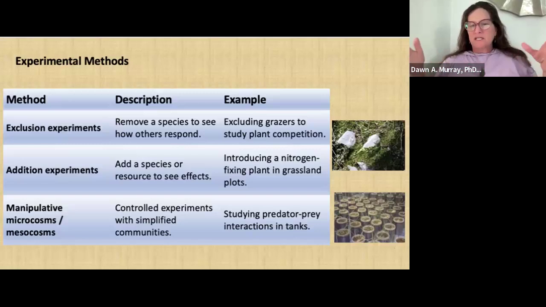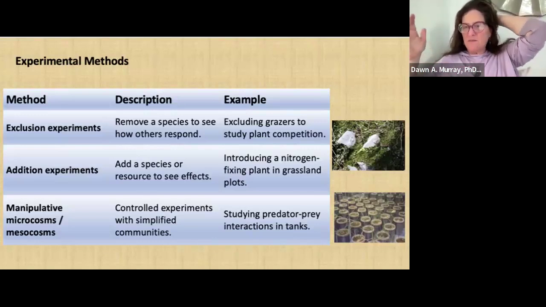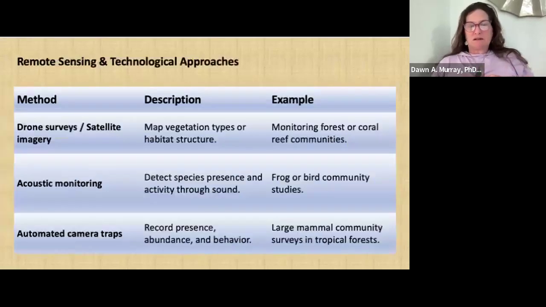Maybe it's having different tanks with different oxygen levels and seeing which oxygen level is the one where they can't survive any longer. That's how we measure a lot of our coral reefs in the lab, like at what temperature can they not come back anymore. So lots of different ways to do these experimental methods.